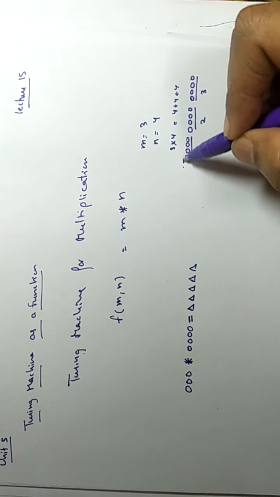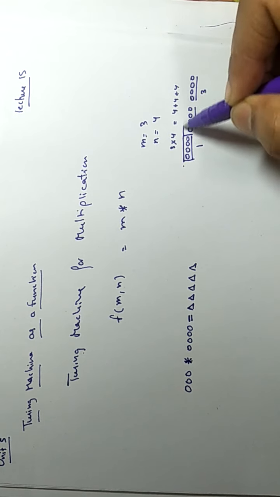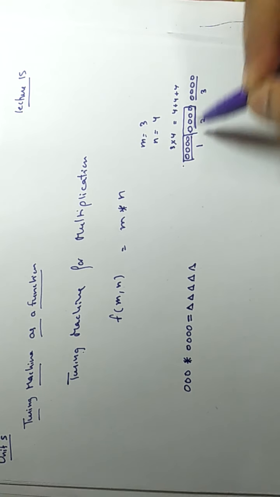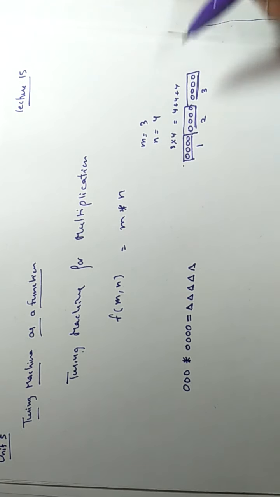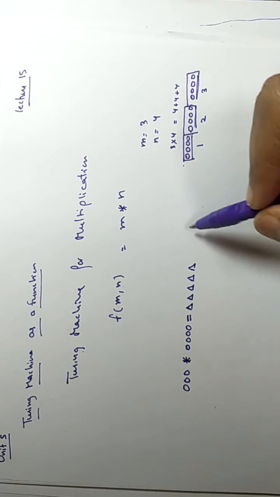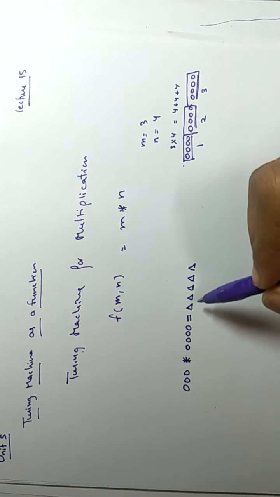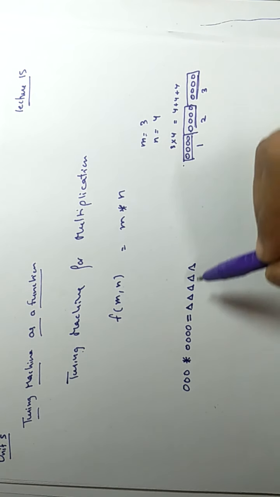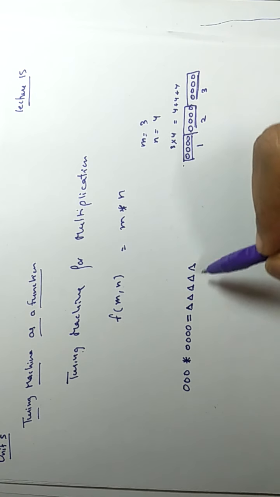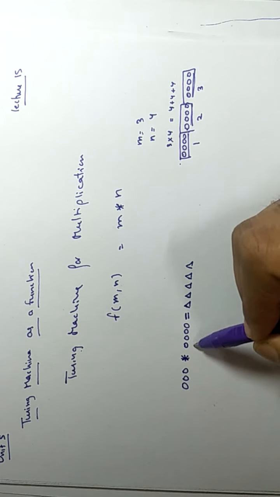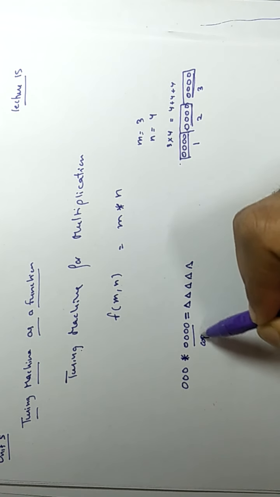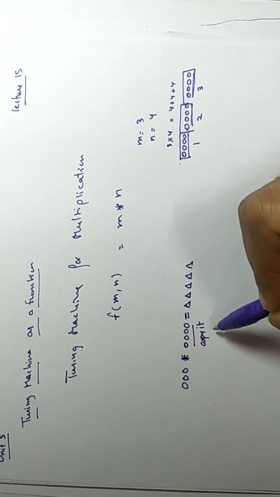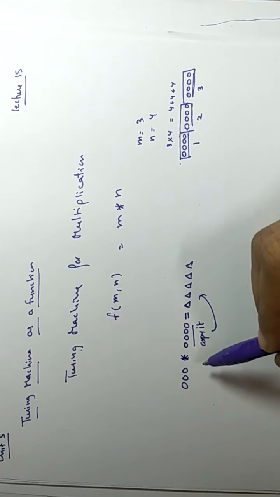If we write 4 zeros 3 times, we will get 12 zeros. 3 into 4 is equal to 12. So in this space over the tape we have several blanks, and we can utilize this space to copy it here.